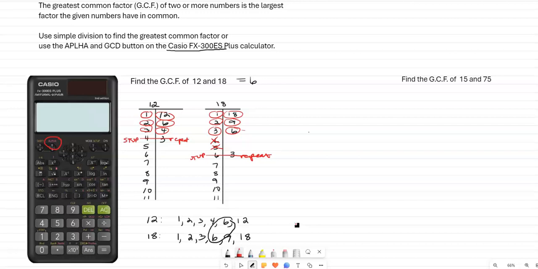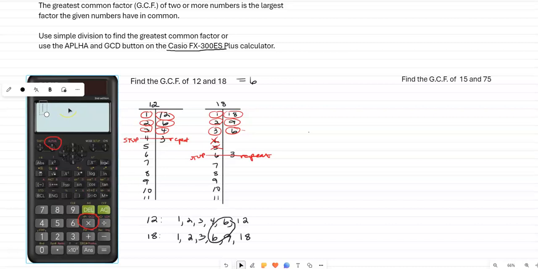And as you can see, right above that multiplication button, you see the letters GCD. That stands for greatest common divisor. So you're going to press the alpha button and then the multiplication button. That is opening up the GCD function.